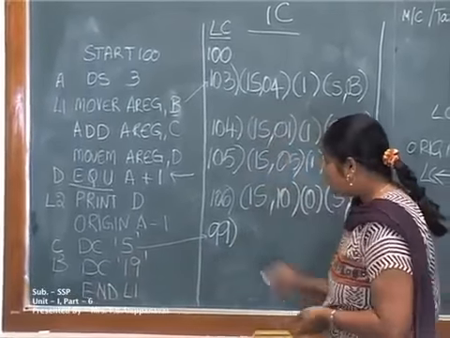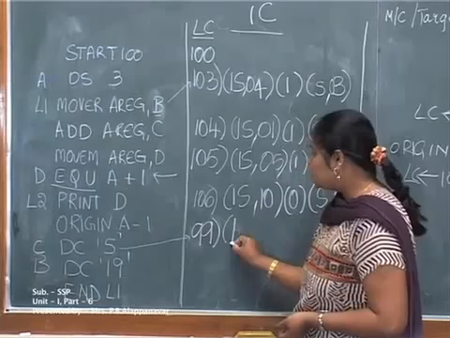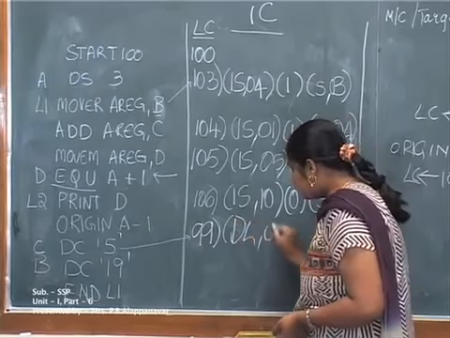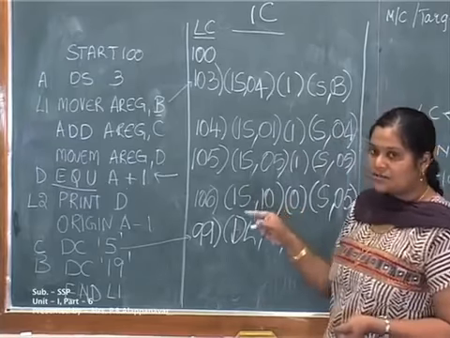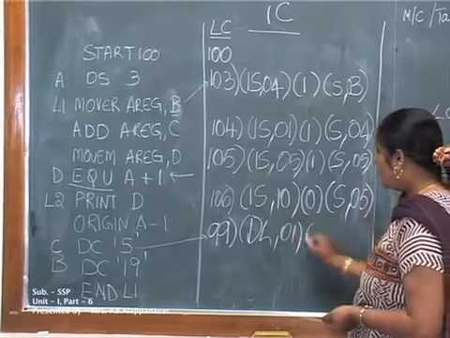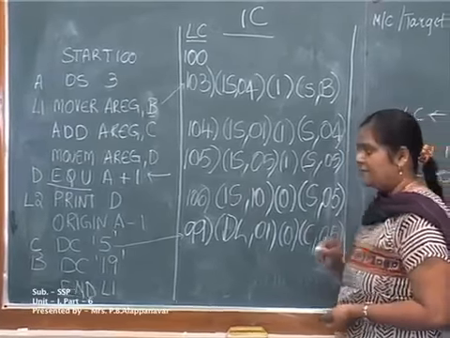And for this I have to write an equivalent intermediate code, that is, it is a declarative statement. DC is the code associated with DC, 01. We don't have the first operand, it is a constant and it is 5.